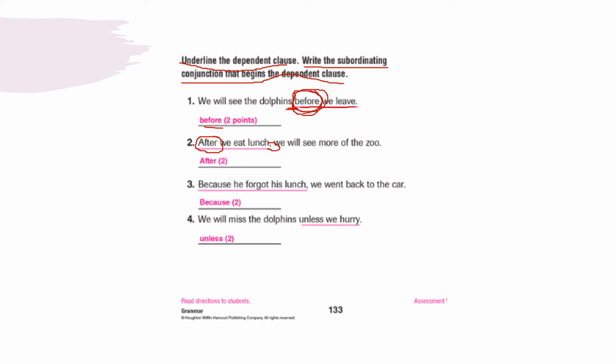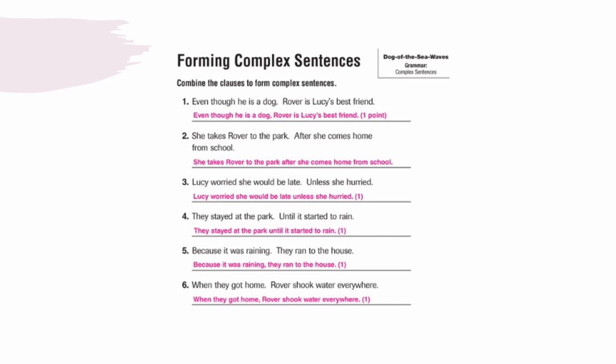Now let's move to the last page in your book. Forming complex sentences. The question is, combine the clauses to form complex sentences. Let's see number 1. Even though he is a dog, full stop. Rover is Lucy's best friend, full stop. Okay, here we have to combine them.